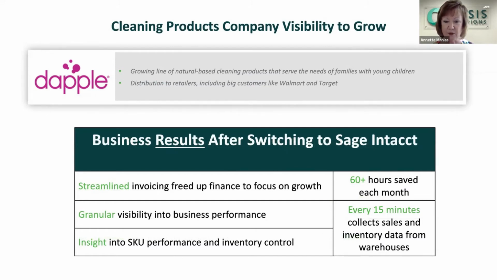Here are the results after switching to Sage Intacct. They streamlined everything. Reporting is much easier and better, with better visibility internally and with their customers. It really made a difference in their business and the way that it functions. We have lots of examples of these, but this is just one that we pulled out for this demonstration.